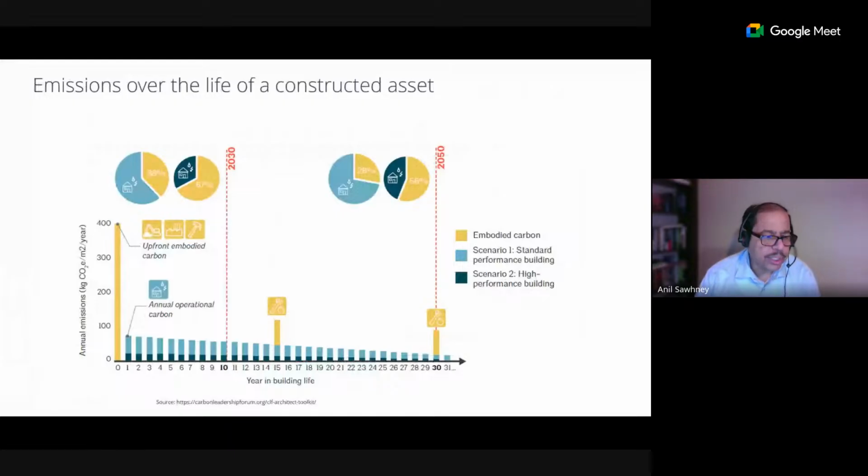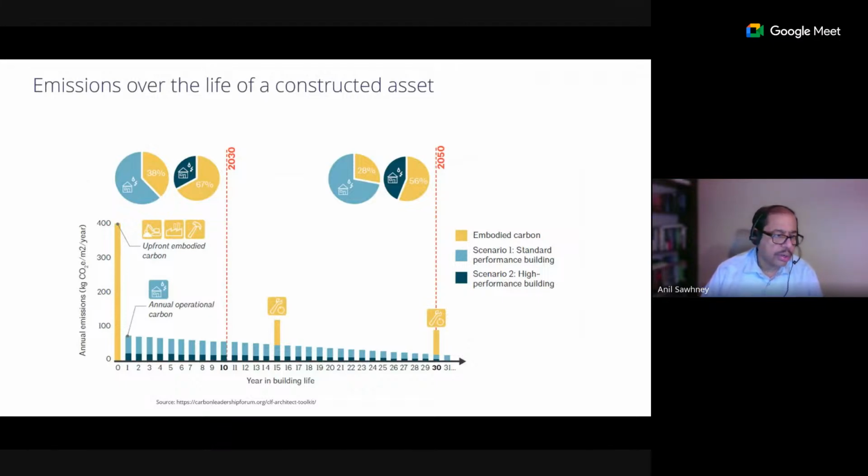Okay, so typical office building, right? Emissions, we've talked about embodied, operational, and so on. What are the typical emissions? So this is the Carbon Leadership Forum sample building, 30-year estimate over the life of this building. You can see the yellow bars are your upfront embodied carbon.